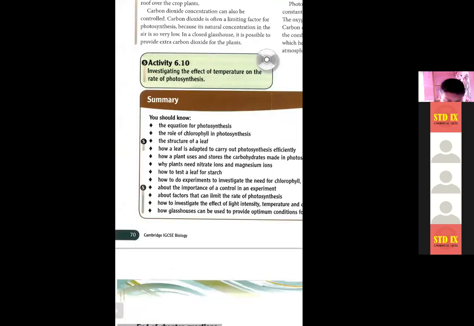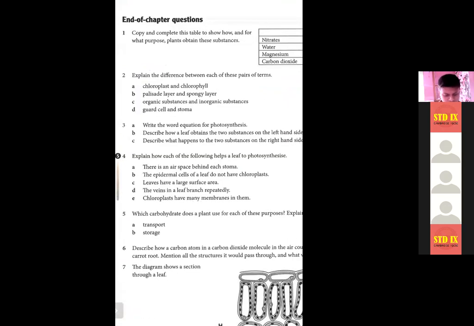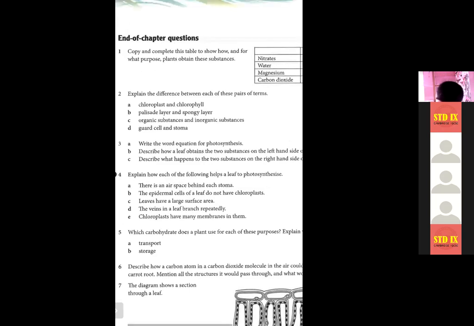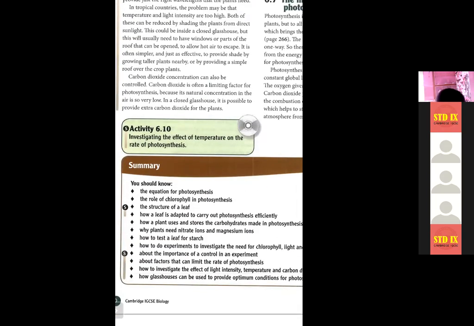Write this question first: the veins of a leaf branch repeatedly so that all the cells of the leaf can get the water and mineral ions brought from the soil.